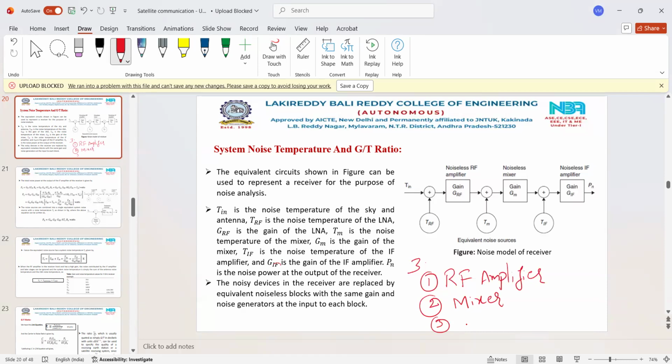Third, an IF amplifier section. These are the three main parts of the superheterodyne receiver. So to derive the noise temperature, we are considering the superheterodyne receiver model.